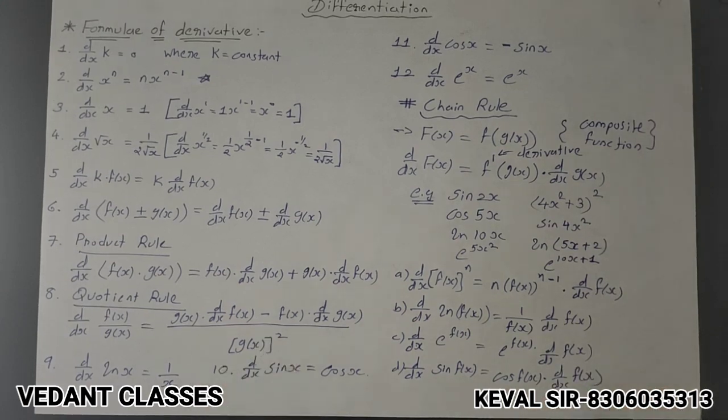And similarly we can write for d by dx of cos f of x, it will be minus sin f of x dot d by dx of f of x.